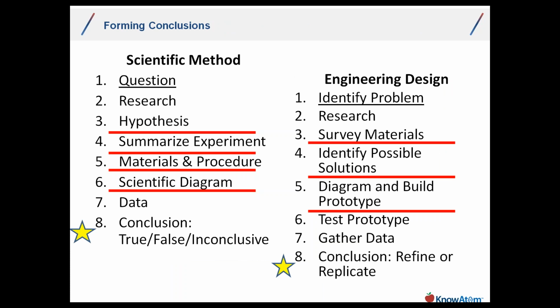But while these investigations are being carried out, they're really in stage 7 of either the scientific method or the engineering design process, where they're gathering data through their testing. Now, the data analysis happens once they put their materials back.